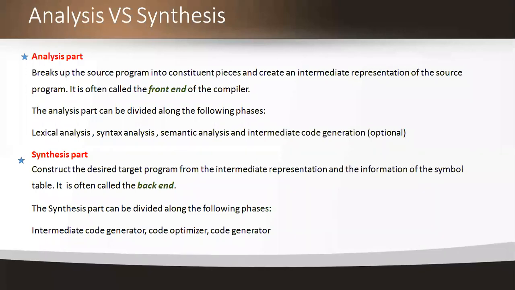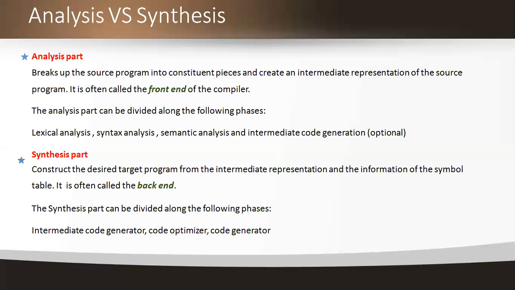So from the intermediate representation only, we take the output as an input to the synthesis. Make a note that whatever we generate in the intermediate code generator is taken as an input to the synthesis part to implement the remaining two phases: one is code optimization and the other one is code generation.